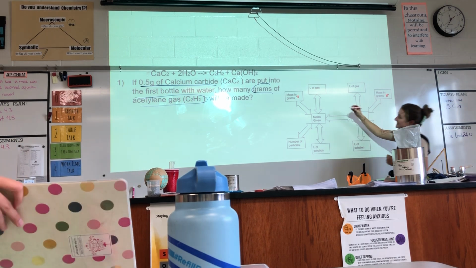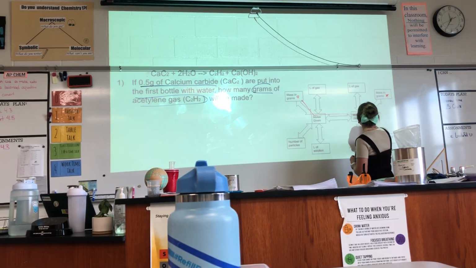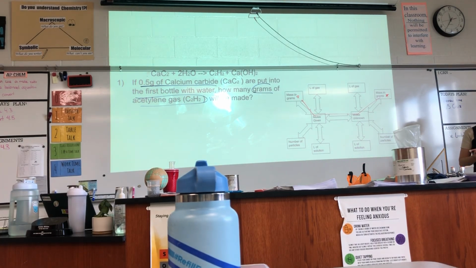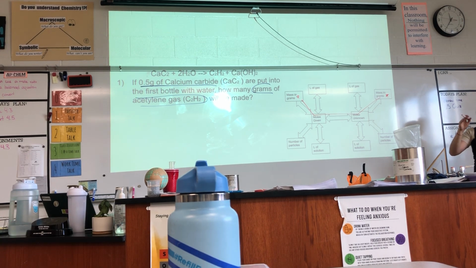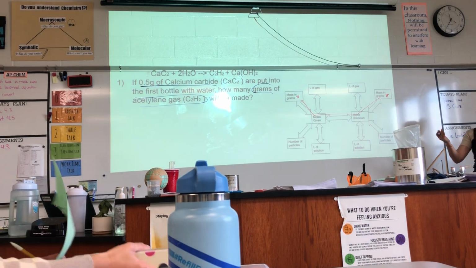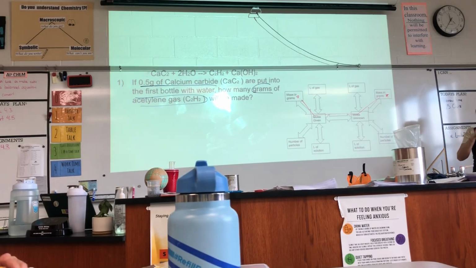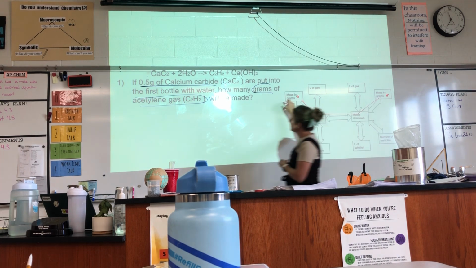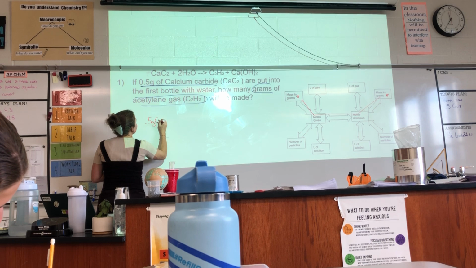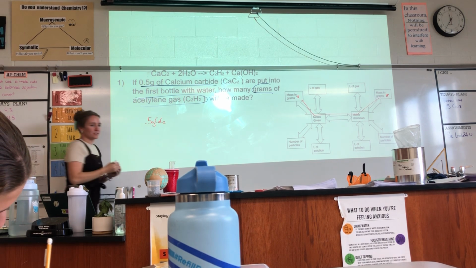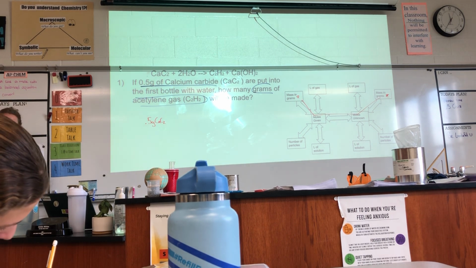In our case, it's going to take 1, 2, 3 steps to get there. There's no airplane. You can't just fly. You've got to travel the roads. So start with what's given: 0.5 grams of CaC2. Write that down, everybody, as your starting point.